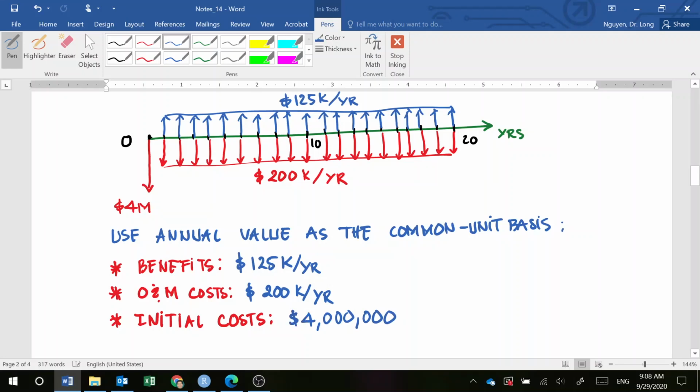We want to convert that into an annual amount. So we can use the factor A over P with the MARR. The problem gives us 8% interest and 20 years. So how is the 4 million at time zero equivalent to an annual amount?